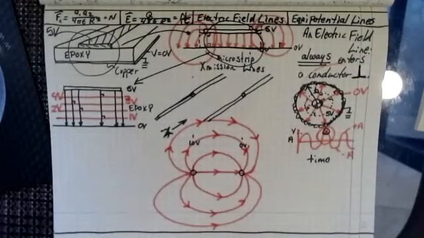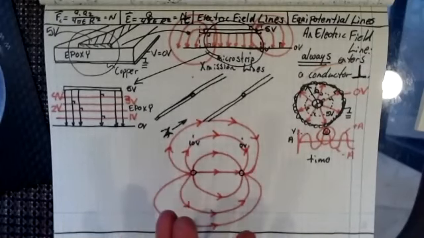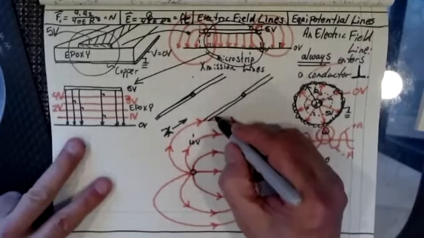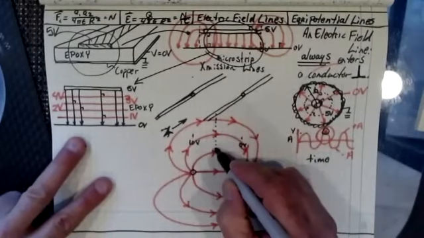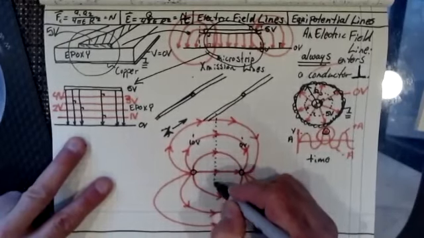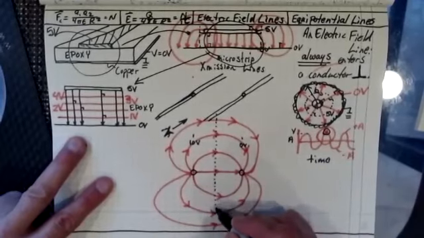Now you're probably thinking, well, where are the equipotential lines for that? Well, let's see. Here would be one equipotential line right down the center of that. Does everybody see that? Right down the center.